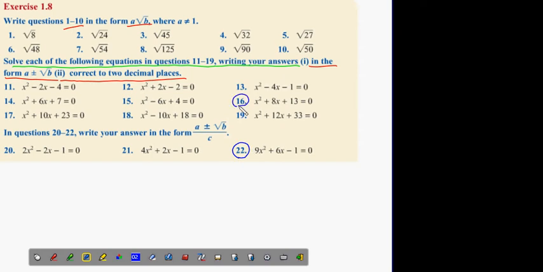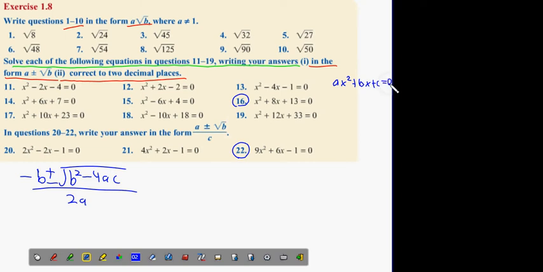Okay guys, the minus B formula is in the cover of your maths tables, and this is what it looks like. To do the minus B formula, there's a general equation: ax squared plus bx plus c equals 0.